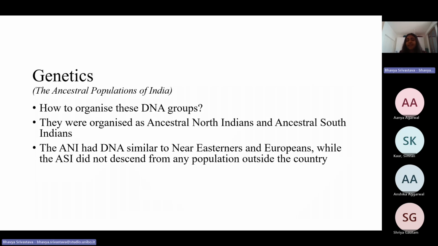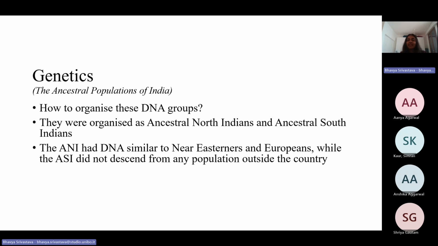Even when researchers came with these DNA findings in the case of India, they did not really want to say that the South Indians have less of the West Eurasian ancestry, while the North Indians have more of it. So they came up with terms called ancestral North Indians and ancestral South Indians to not offend anyone.